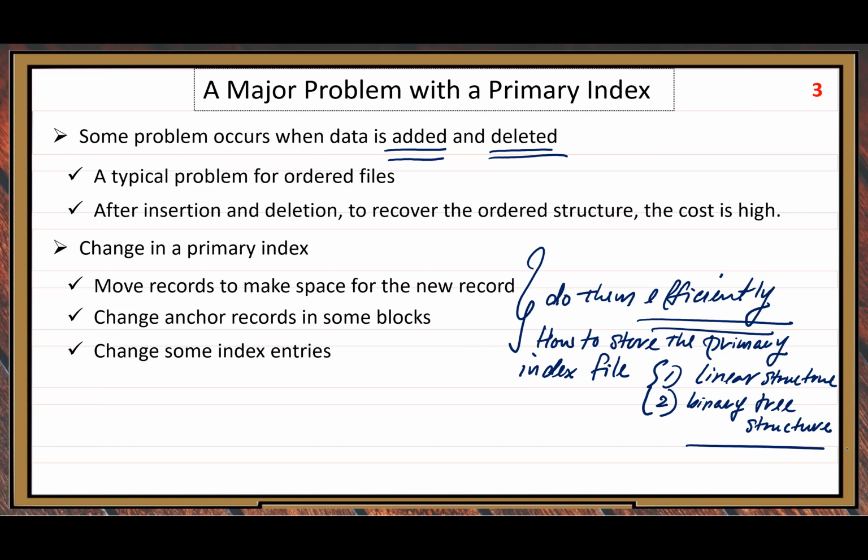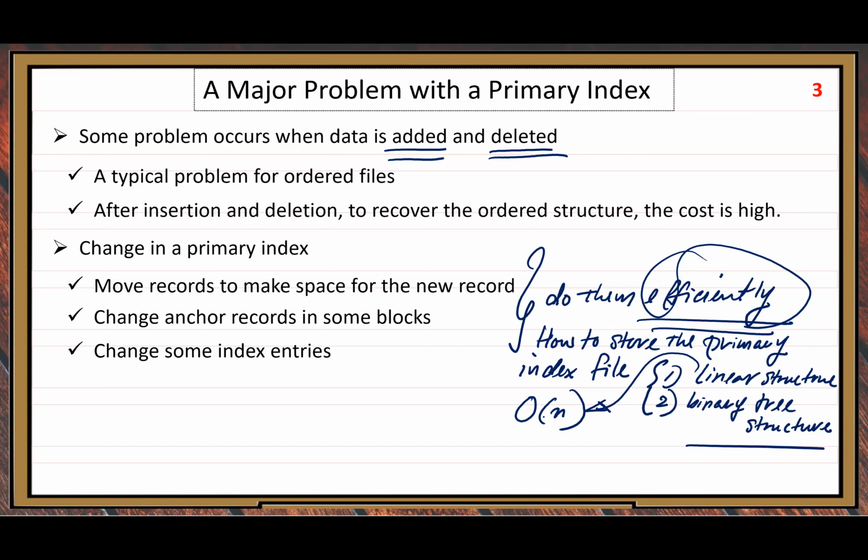But now the efficiency issue. If you use linear structure, the search efficiency will be big O of n. I hope you know this meaning, because we assume you have learned the algorithm class.